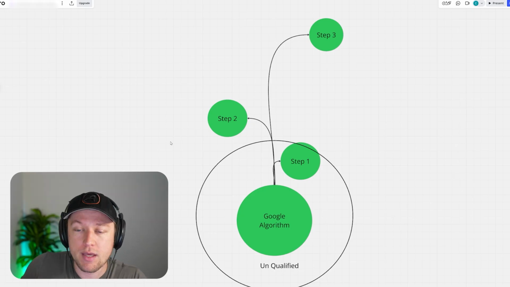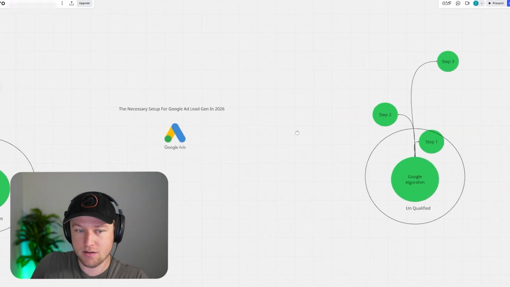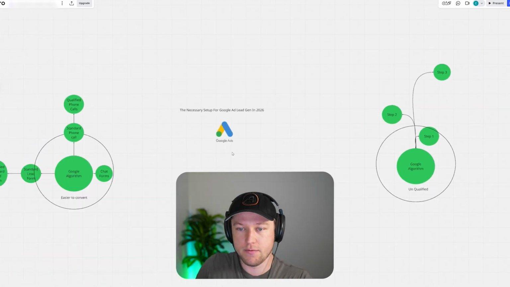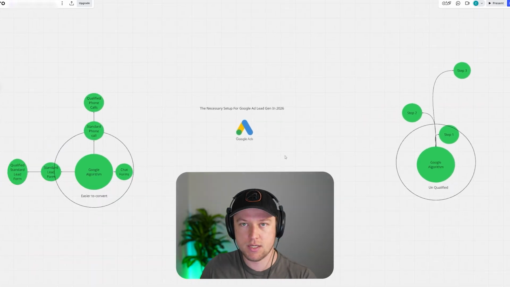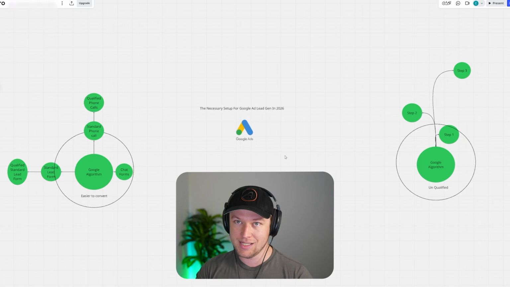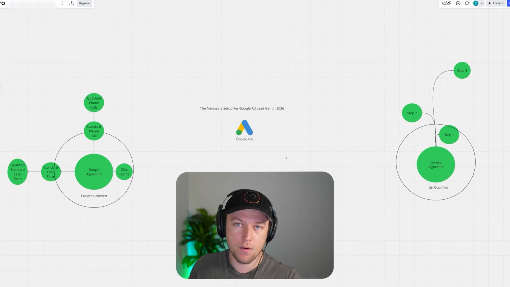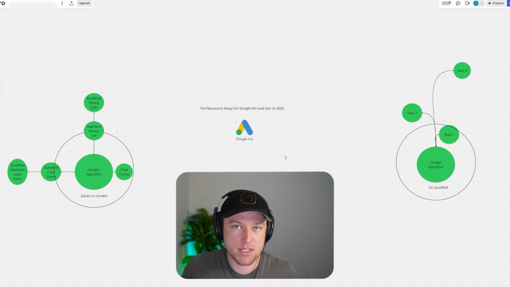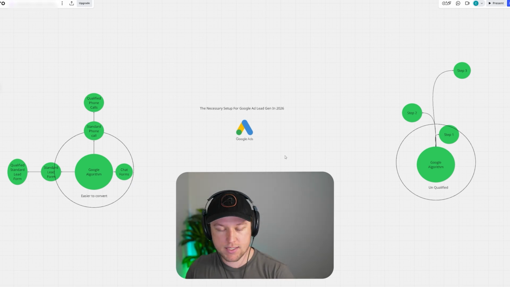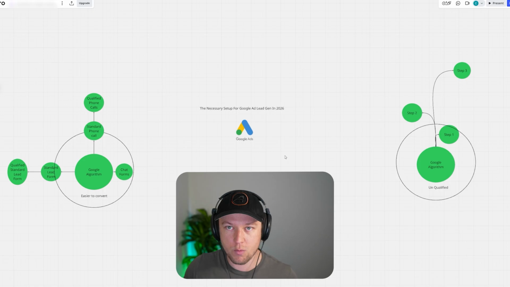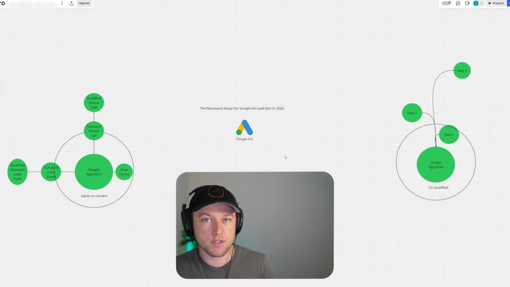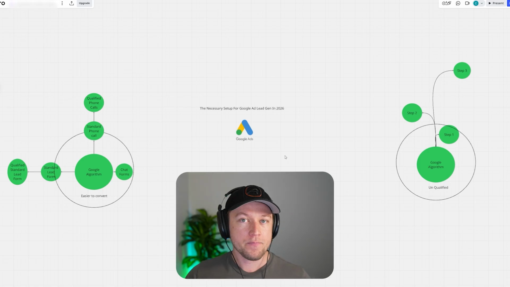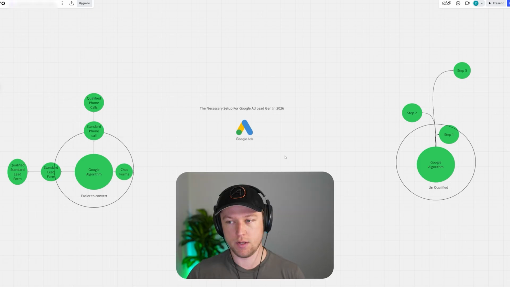And so if we look at it from this perspective versus that perspective, the concept still stays the same: we want to import qualified leads to the algorithm so we can train the algorithm how to go after more of those users, and let the sales problem be the business issue or the sales issue, right? Because we can send as many qualified leads as possible, but we're not always going to sell the leads. Now, you can get into the conversation, like I just said earlier, where in my scenario, I'm B2B, right?